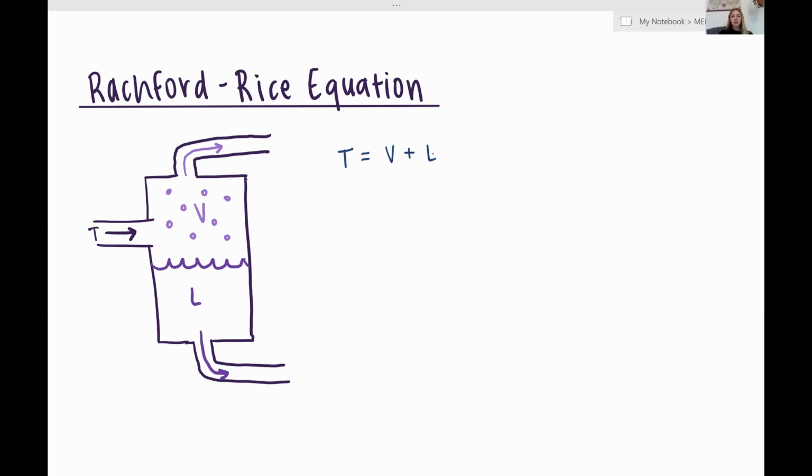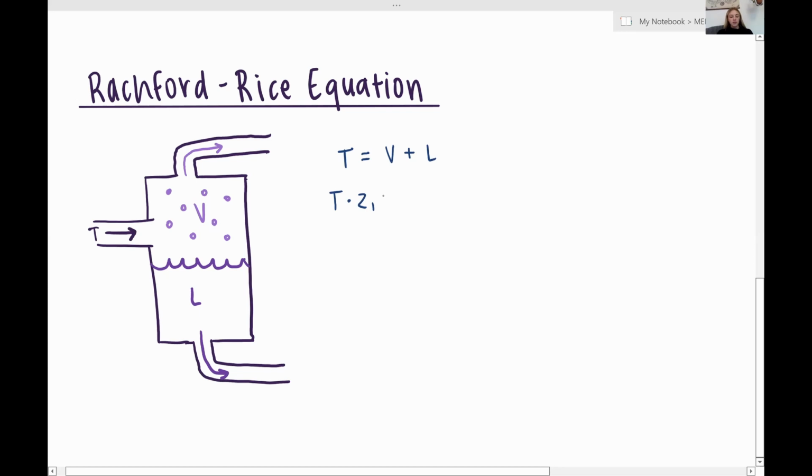So here what we can do is a mass balance with the more volatile component. And if you remember before, we used Z1 as the mole fraction of benzene in the feed. So we can represent the moles of benzene entering the feed as T multiplied by that mole fraction in the feed.